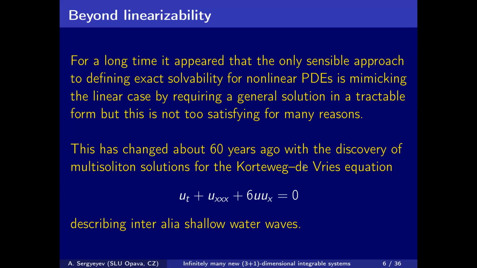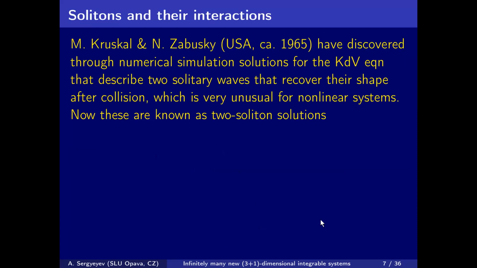Many people have applied considerable efforts trying to find a way forward, and the real progress in the matter was achieved a bit more than 60 years ago, when people discovered multi-soliton solutions for the Korteweg-de Vries equation, which you see on the slide, and which describes, among other things, shallow water waves.